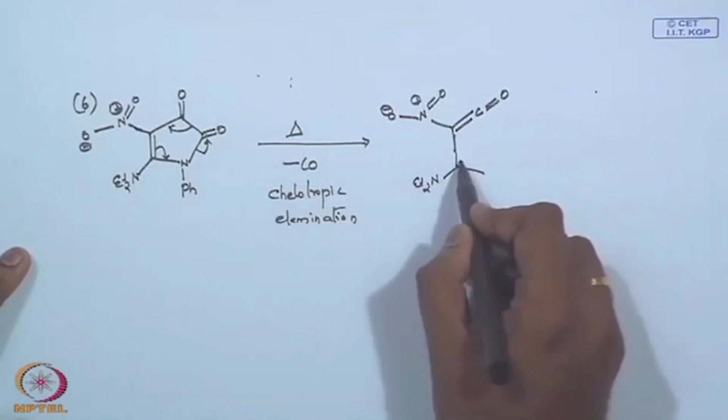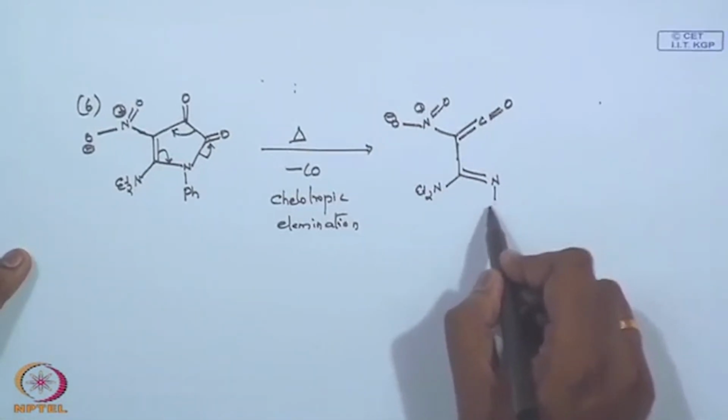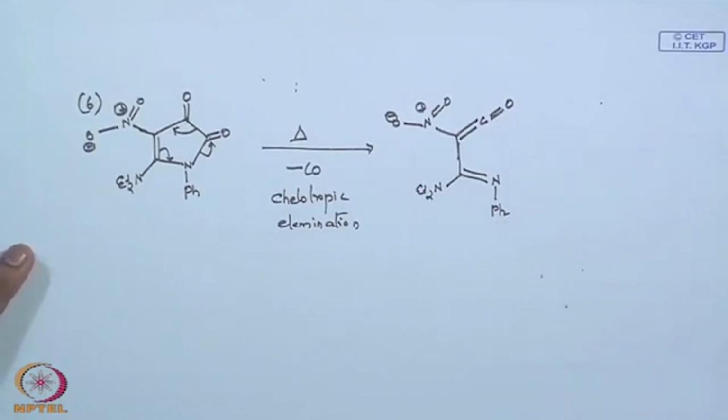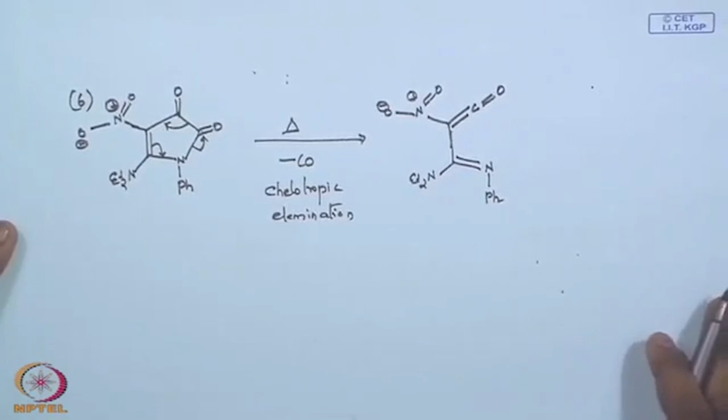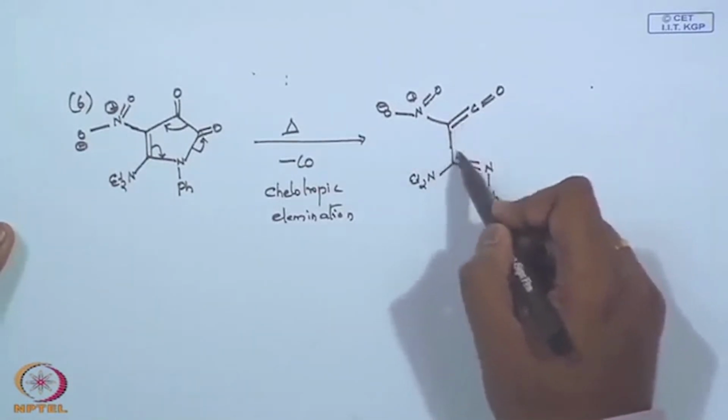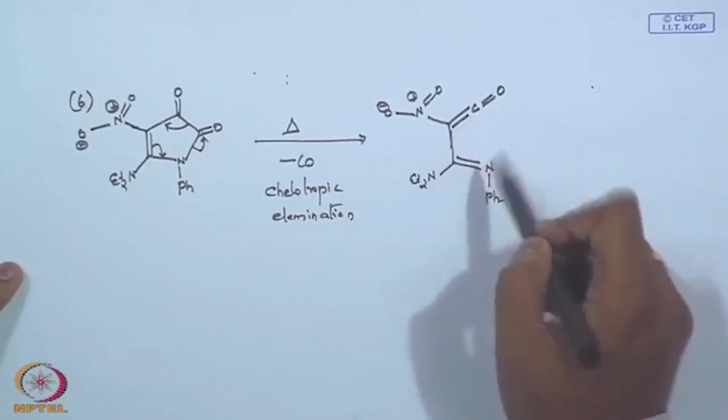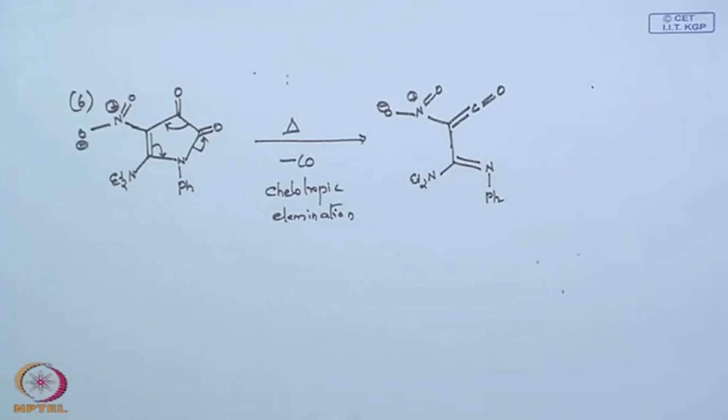Once it moves, I have my double bond and phenyl. See? Again, if you carefully watch this type of system, it is a type of diene, not exactly, but a type of diene system. These types of systems are highly reactive also.